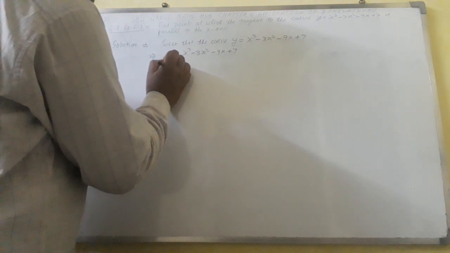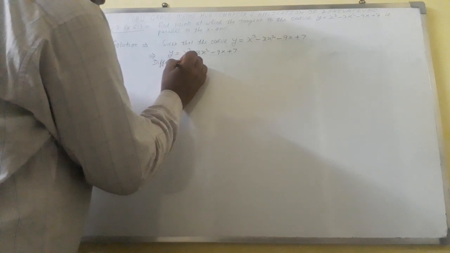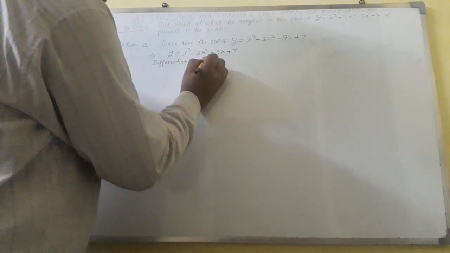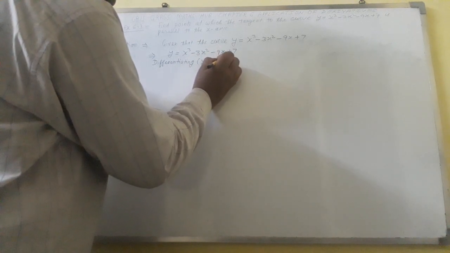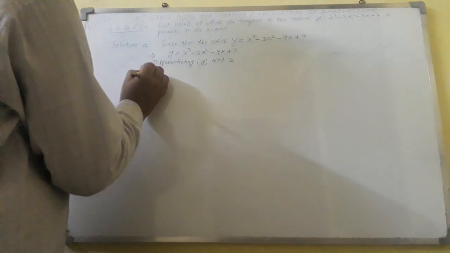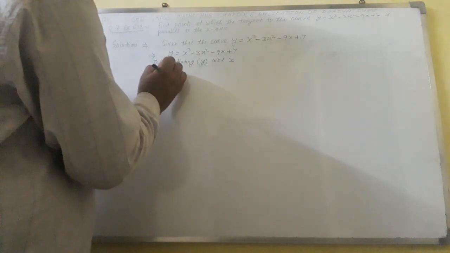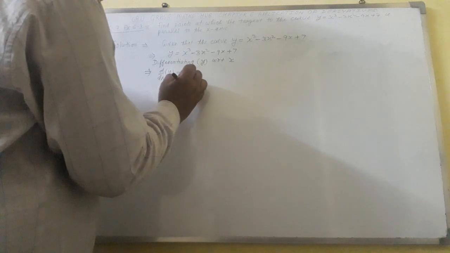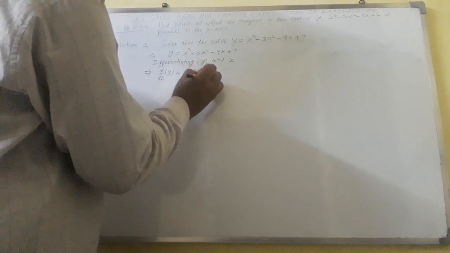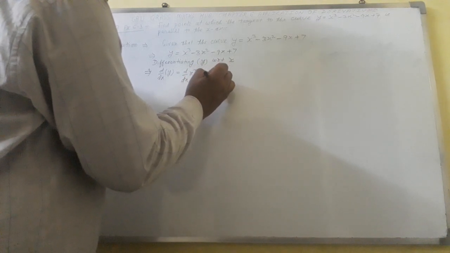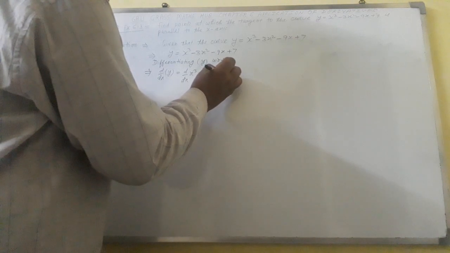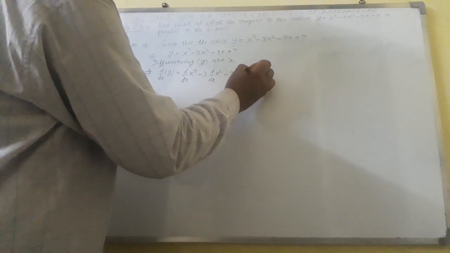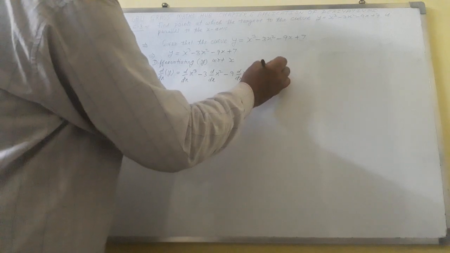Differentiating y with respect to x, implies that d over dx of y equal to d over dx of x cube minus 3 d over dx of x square minus 9 d over dx of x plus d over dx of 7.